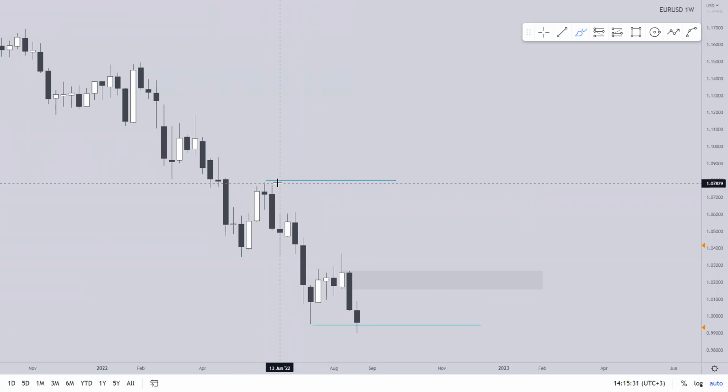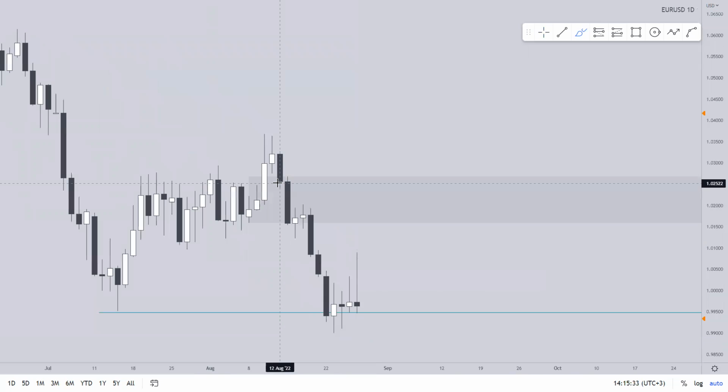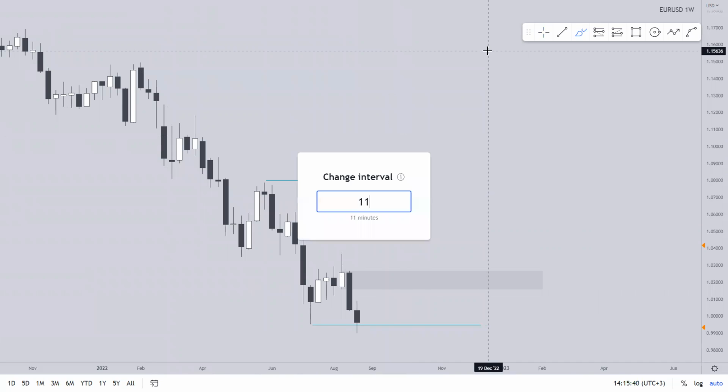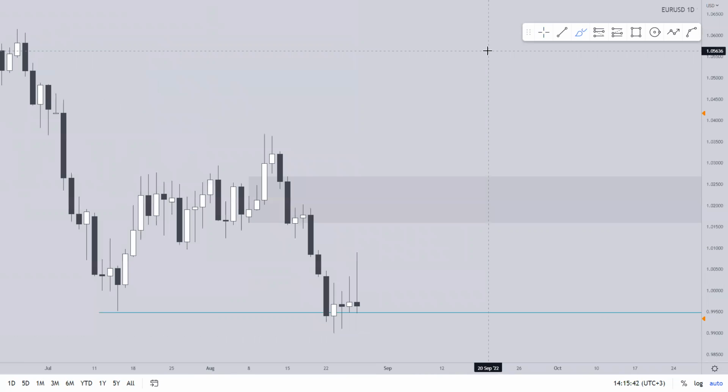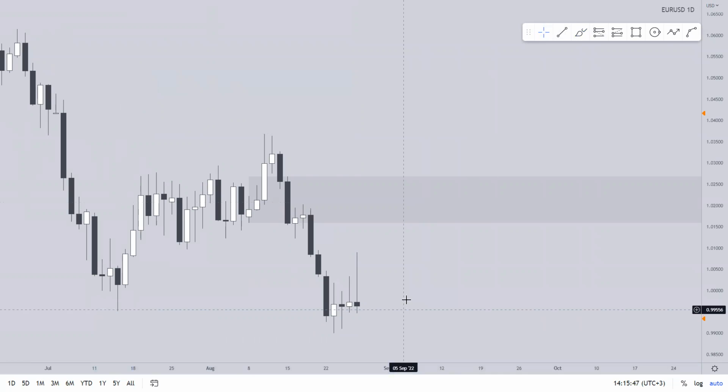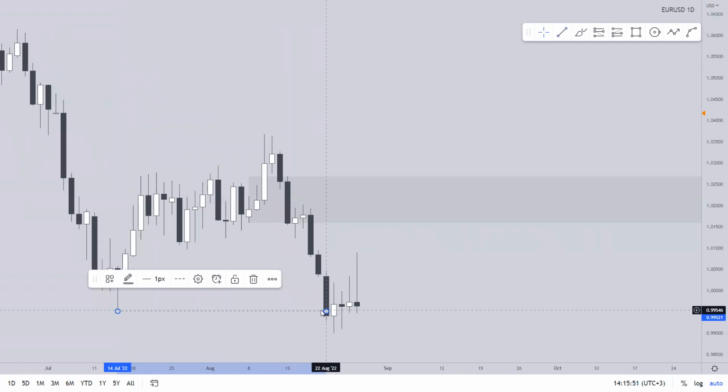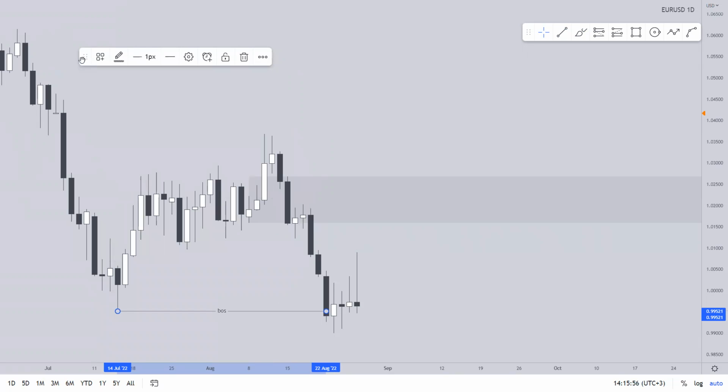Now let's go to daily. And on daily we have recently broke. So on daily we have a recent break of this. Yeah, so we had this push and we broke it here.